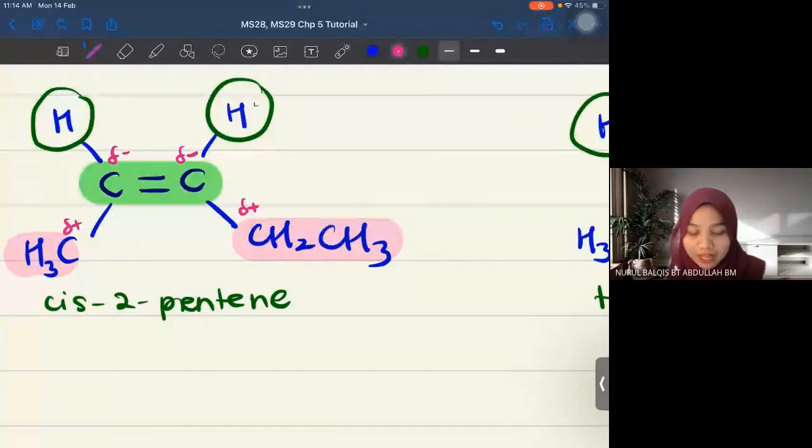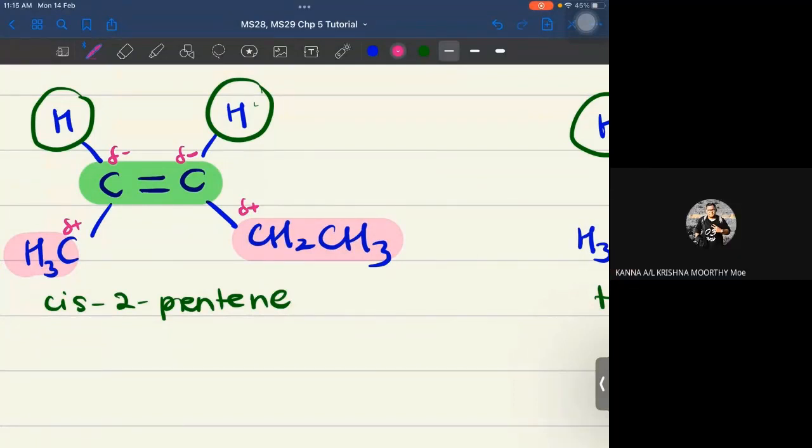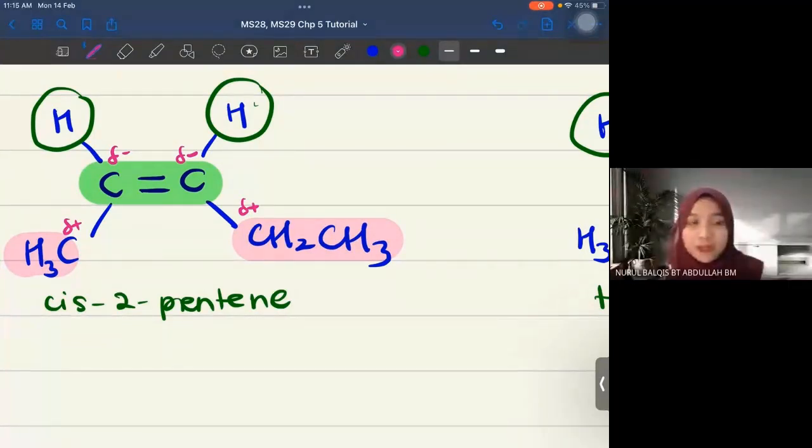So now we have both C and C, but one partially positive and another with more negative charge, partial charge. So to determine the polarity of a bond, what do we draw on top? An arrow. The polar arrow points towards the more electronegative atom.